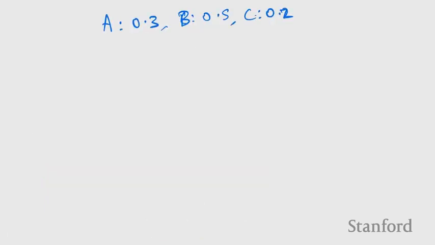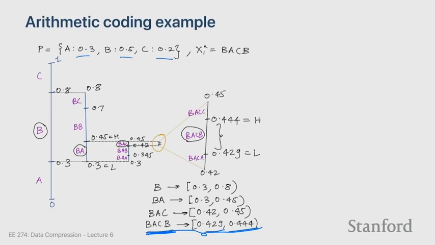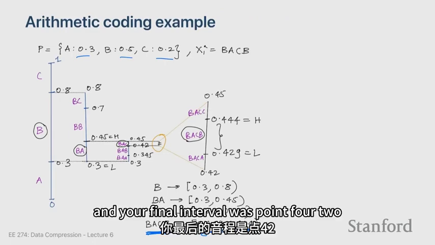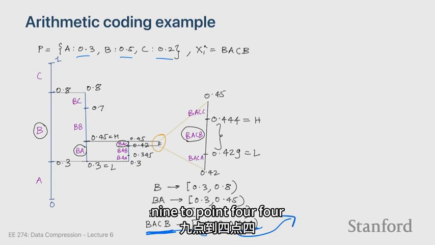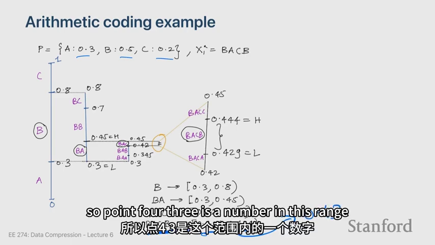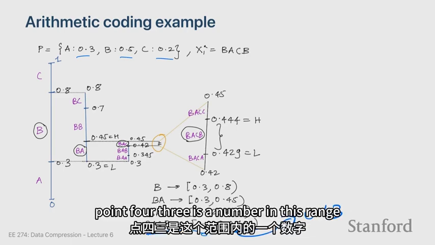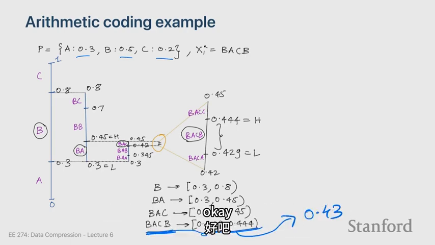Point 3, 0.5, 0.2, and your final interval was 0.429 to 0.444. So 0.43 is a number in this range. Do we all agree? 0.43 is a number in this range. Okay.